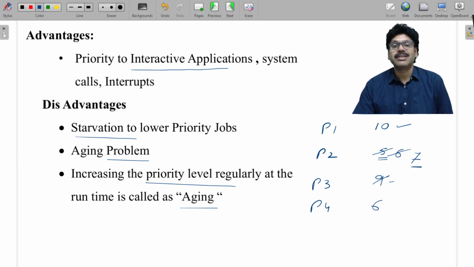So what is the meaning of aging? To resolve the starvation problem, the order is not simply P1, then P3, then P4, because you are using the concept of aging: whenever a process gets executed, the age of the process is increased, and that is nothing but its priority getting increased.